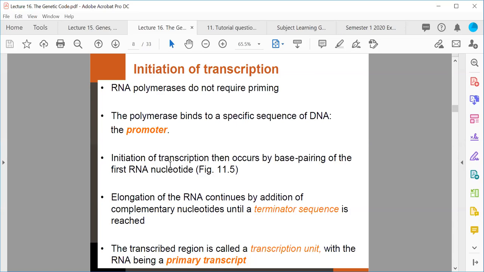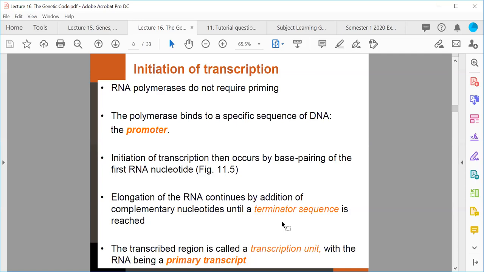So the initiation of transcription occurs by base pairing of the first RNA nucleotide. Then elongation of that RNA strand will continue by addition of complementary RNA nucleotides until that RNA polymerase enzyme reaches a sequence of DNA, after the end of the actual gene sequence, and that's called a terminator sequence.